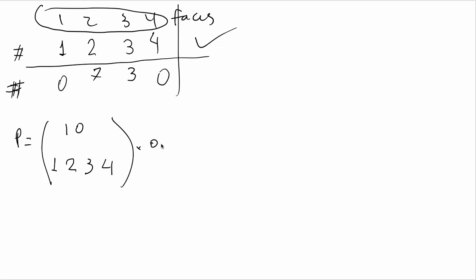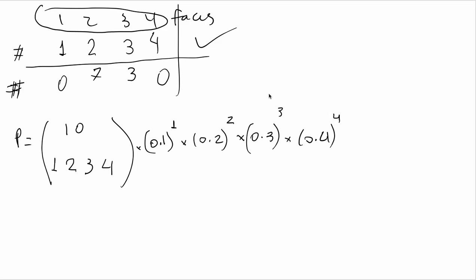It's 10%. The 10% of number 1 will appear just once. The 20% of number 2 will appear how many times? 2. The 30% of number 3 will appear how many times? And finally, the 40% of number 4 will appear 4 times. This is this first situation. Okay?